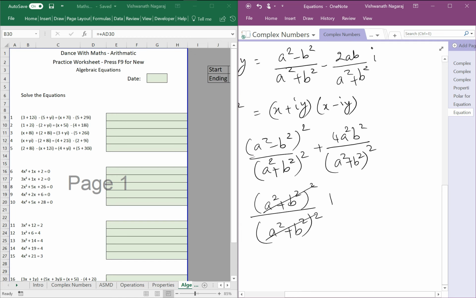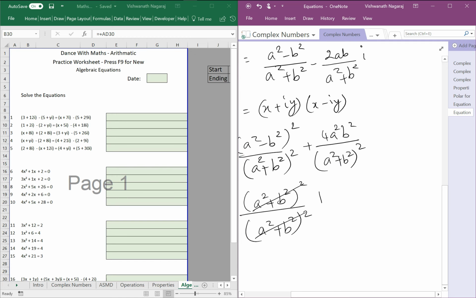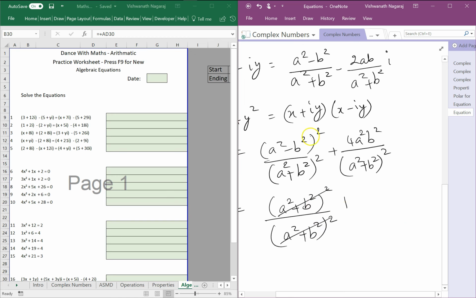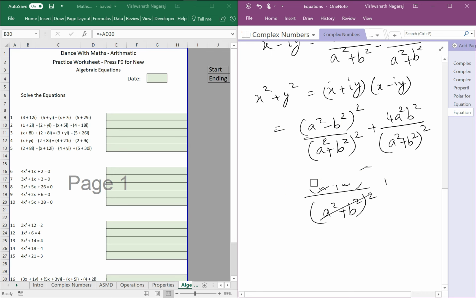If you do those steps, you will arrive at a square plus b square the whole square by a square plus b square the whole square. So here you will have to expand this, a square the whole square plus b square the whole square minus 2a square b square. Okay, let's do those steps as well to make sure that we are right.